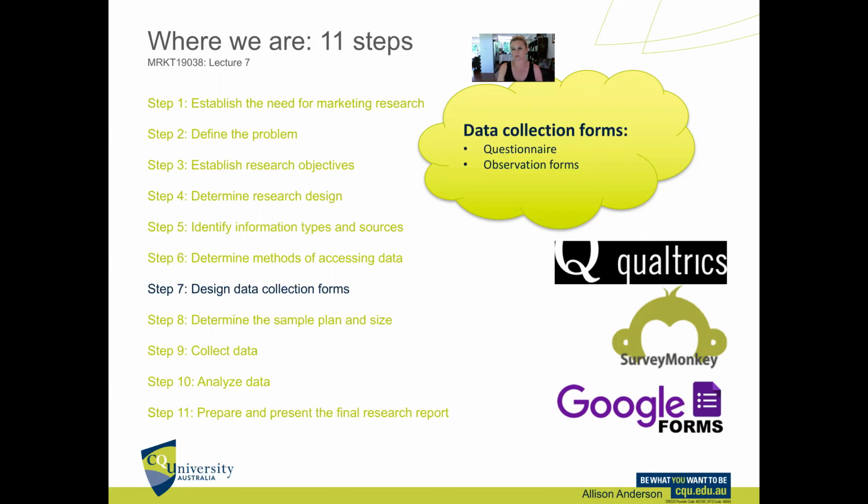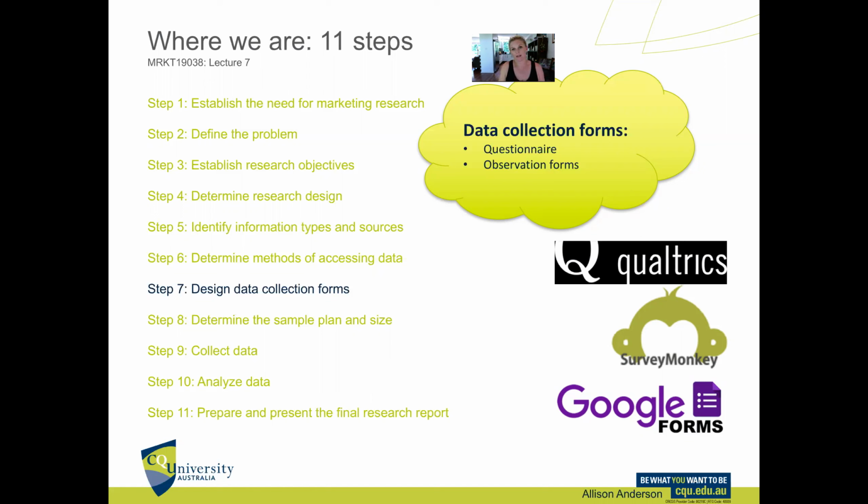Listed are Qualtrics, SurveyMonkey and Google Forms. They're really popular electronic survey programs and they can help you quite a lot because they use a lot of preset questions and so forth to help you come up with the best way to ask questions.